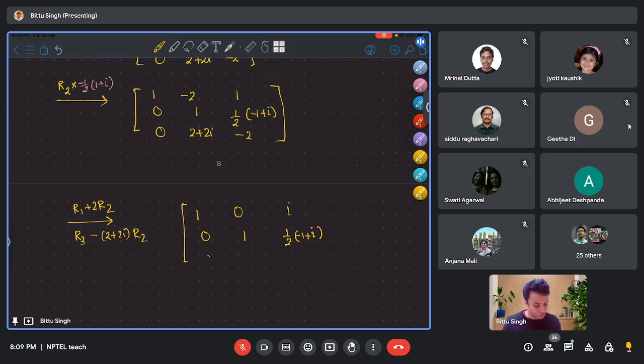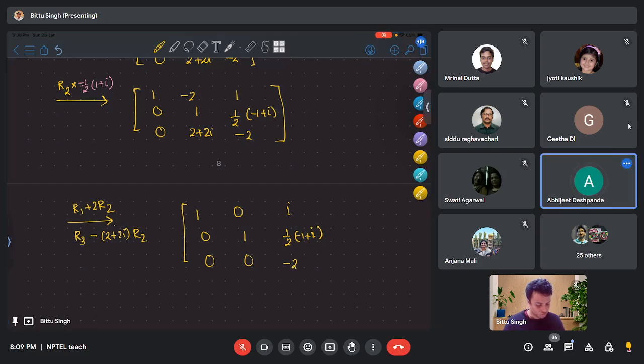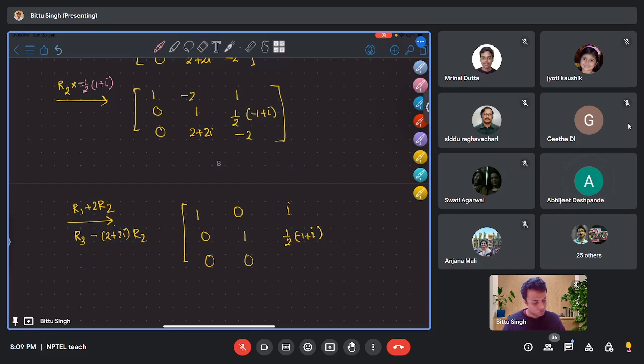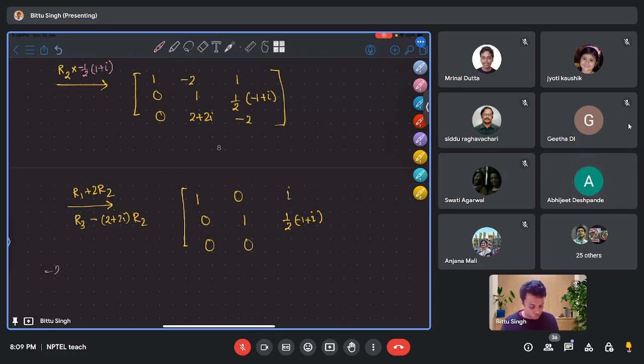After that it will be 0. Now this term will get cancelled, and after that it will be minus 2. So we have got minus 2 plus 2i times half of minus 1 plus i.